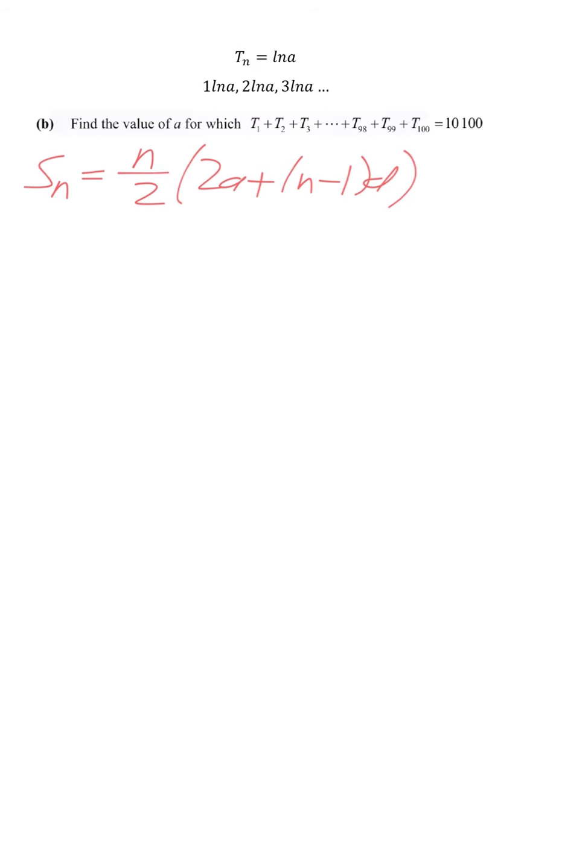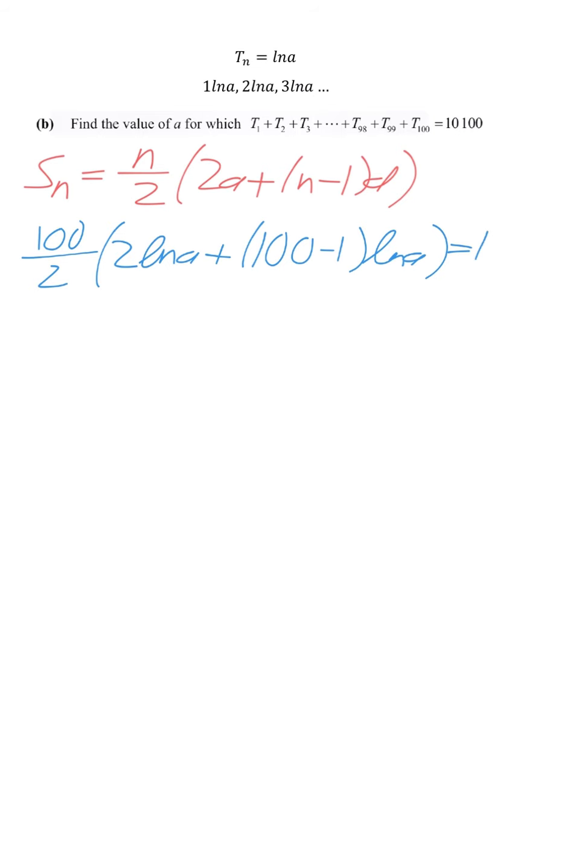So let's start using those now. We know that n in this one is going to be 100 over 2, times 2a, so 2 ln a, plus then we're going to have 100 minus 1 times ln a. And all this now is equal to 10,100.